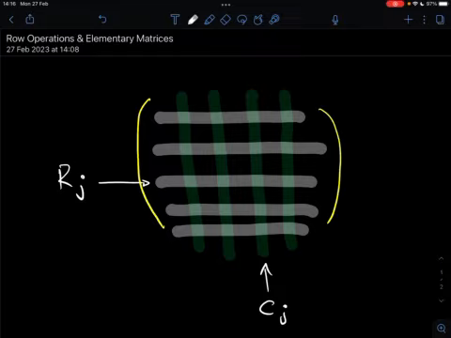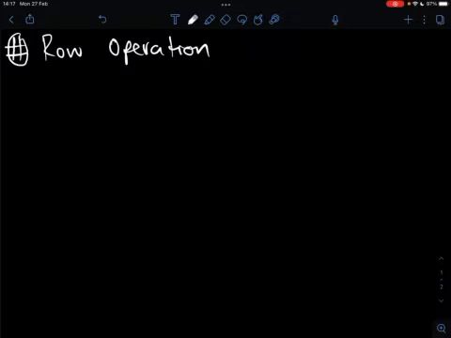Now, with our notation in place, let's move on to introduce what are known as row operations. So what are row operations?